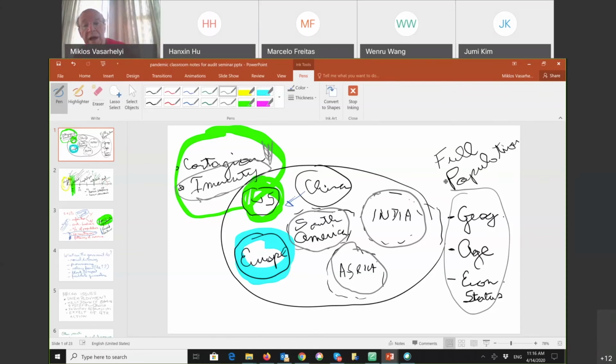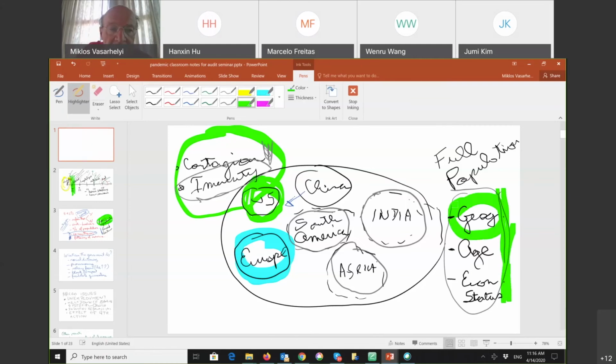Now, I put on the right side here variables. And the variables are geography. Particularly in a pandemic, the variable is very important because the contagion is geographical. It doesn't happen at the same time. It spreads.